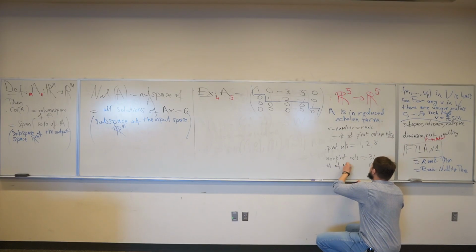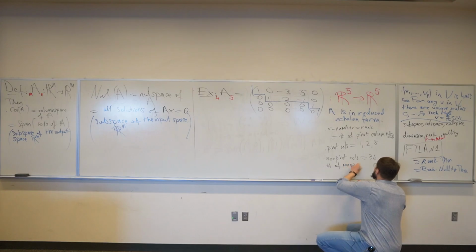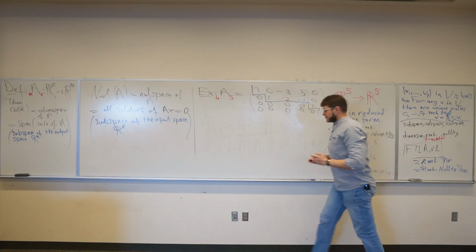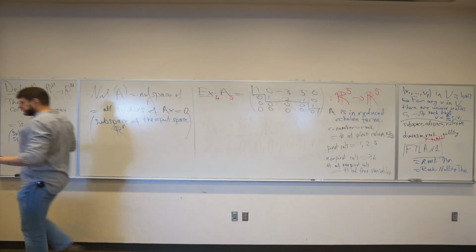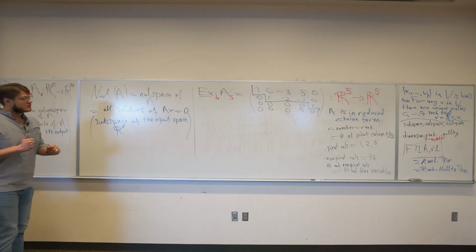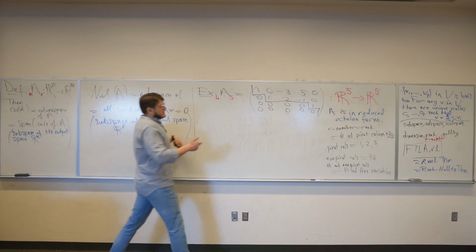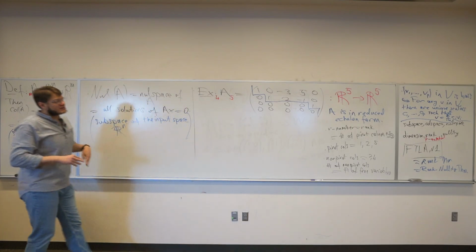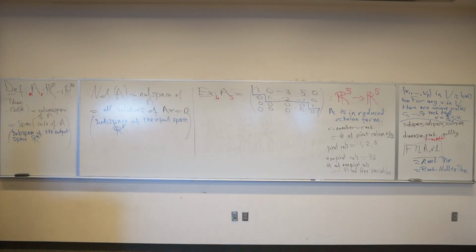Now I want to convince you that this is indeed the case. So let's set up an equation with this specific matrix, AX equals B. I'm going to keep the right-hand side sort of arbitrary also.